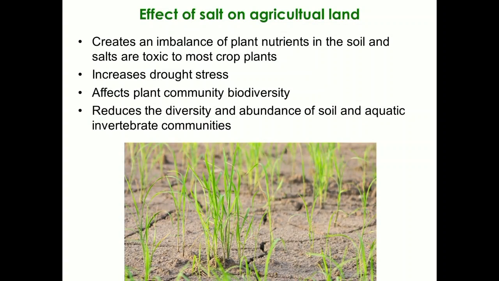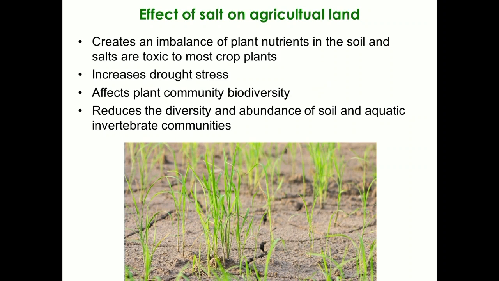Plants don't like growing in salty areas particularly well, for various reasons. The salt itself, particularly sodium chloride, is very toxic to most plants. It will inhibit plant growth. This inhibition is partly due to an imbalance of nutrients: increased concentration of salts will make it harder for the plants to take up essential nutrients such as potassium. It also increases drought stress. When there's a high concentration of salt in the soil solution, it makes it harder for plants to acquire water into the roots, so they're more susceptible to water deficit.